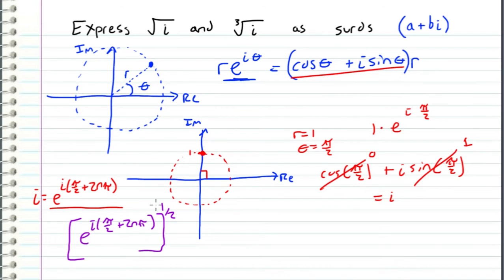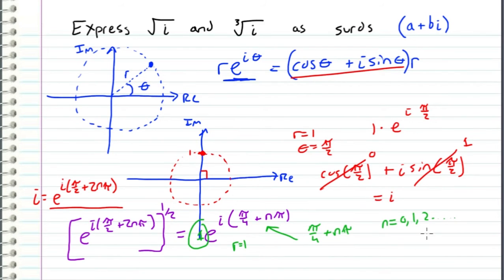So this power distributes through multiplication across these powers, and what I'm left with is e to the i times (pi over 4 plus n pi). So in this case, our r is equal to 1, and our theta is equal to pi over 4 plus n pi for any integer n. So n can equal 0, 1, 2, and so on.